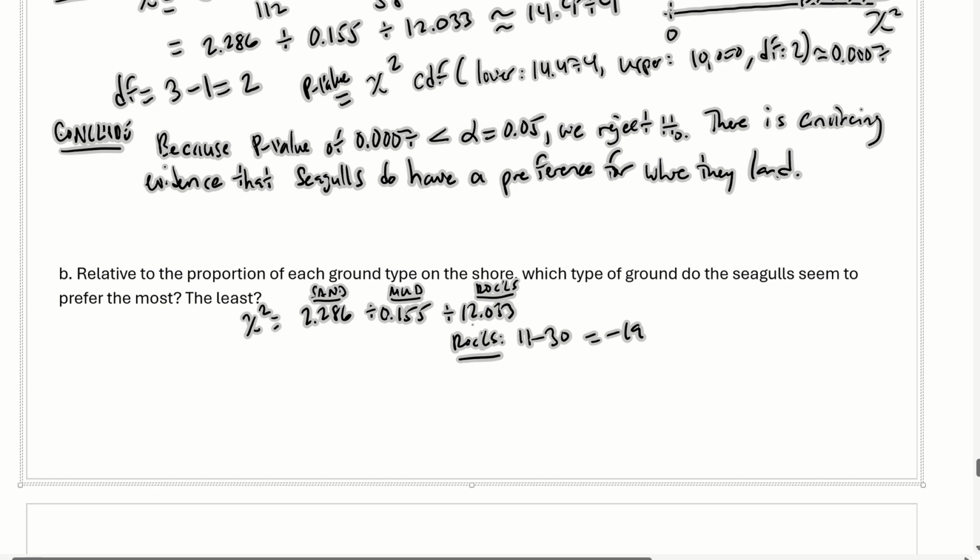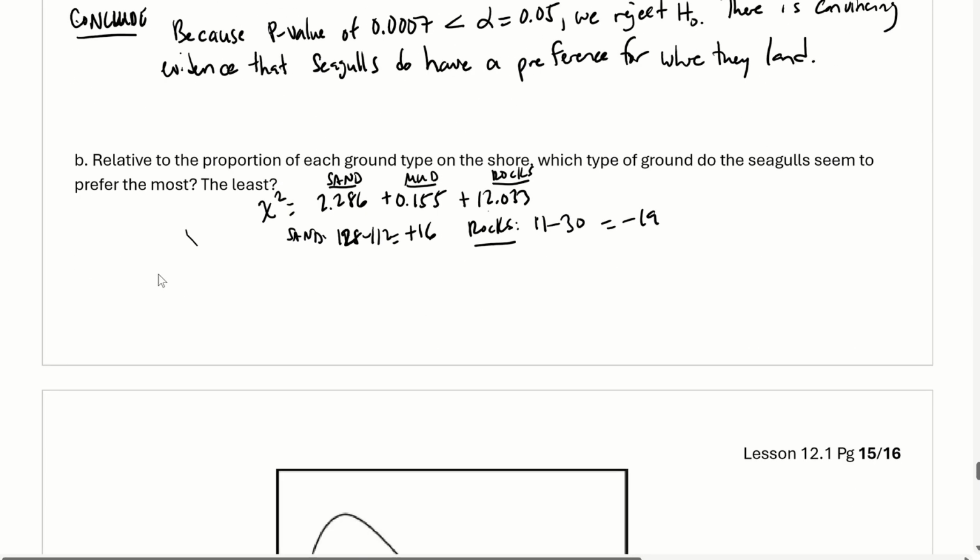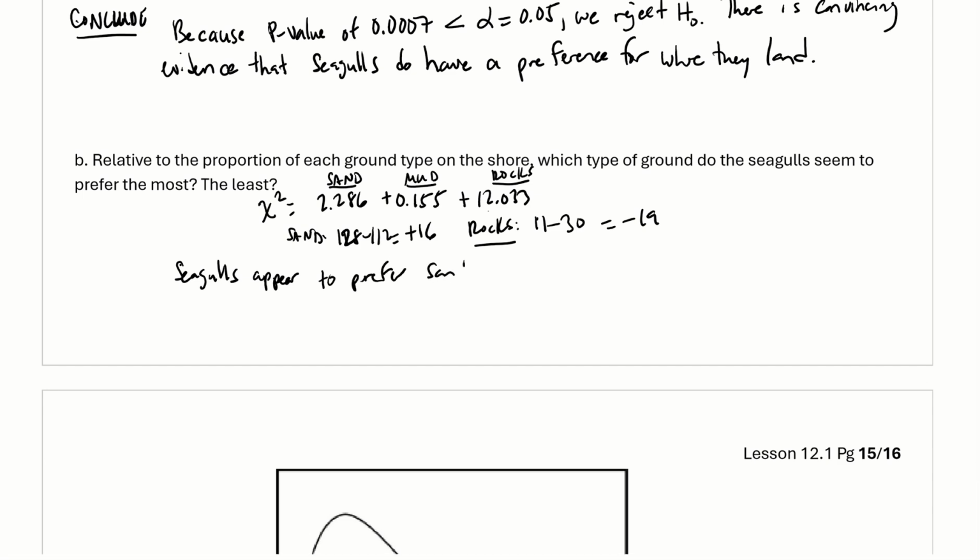And for the sand, it was 128 minus 112, or plus 16. So look at that, plus 16 versus negative 19. So you can see that they appear to prefer sand the most and rocks least.